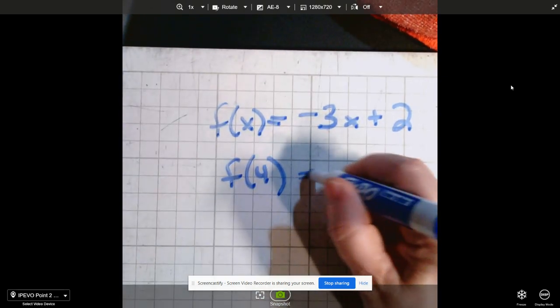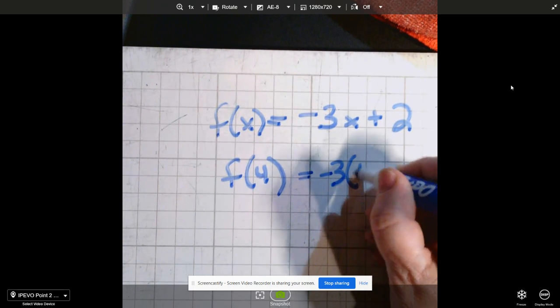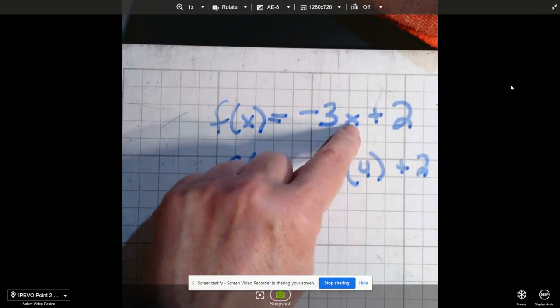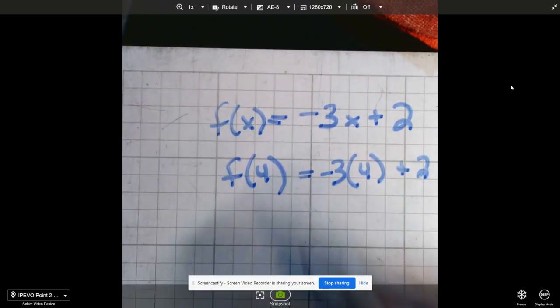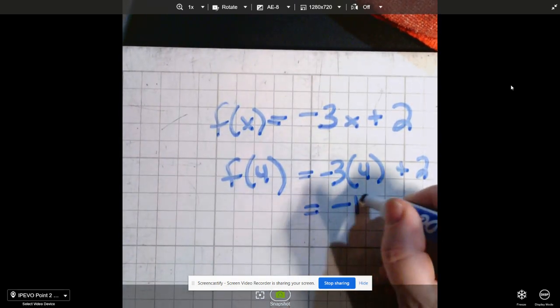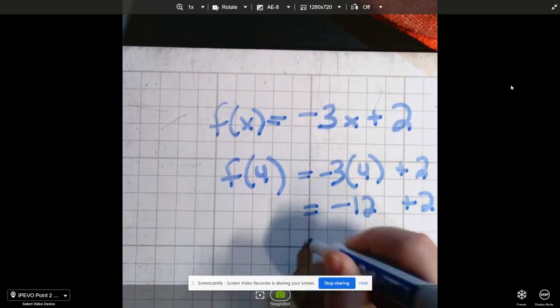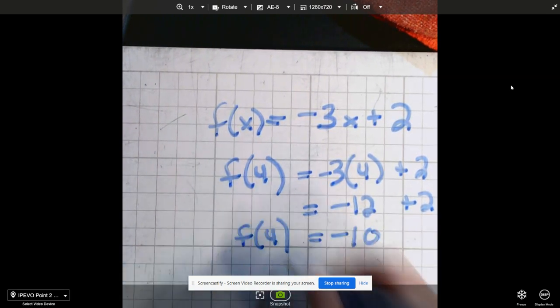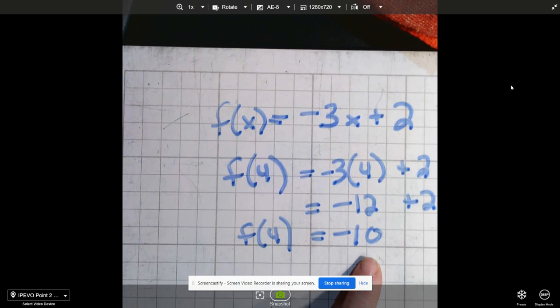So I would basically say negative 3 times 4 plus 2. So all I'm doing is instead of putting x, I'm putting 4. Well, if I evaluate this, this would be negative 12 plus 2. So this would be negative 10. So f of 4 would equal negative 10.